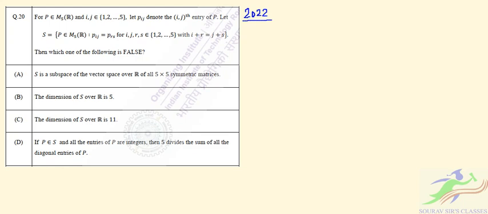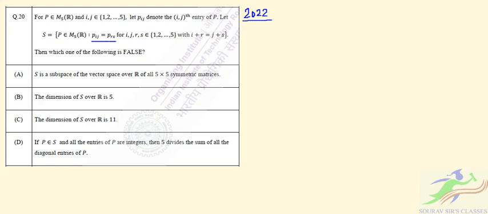Let P belong to the set of 5 by 5 matrices, and i, j belong to 1, 2, 3, 4, 5, and let P(i,j) denote the (i, j) entry of P. Let S be another matrix of the same 5 by 5 type, where P(i,j) is equal to P(r,s) for i, j, r, s belonging to 1, 2, 3, 4, 5, and i plus r equal to j plus s.